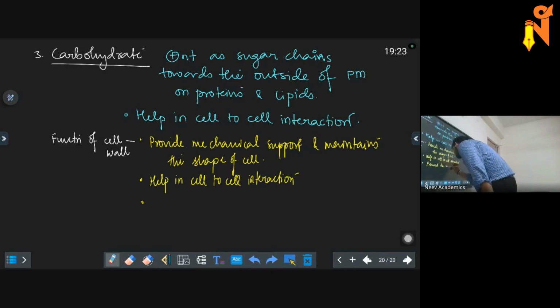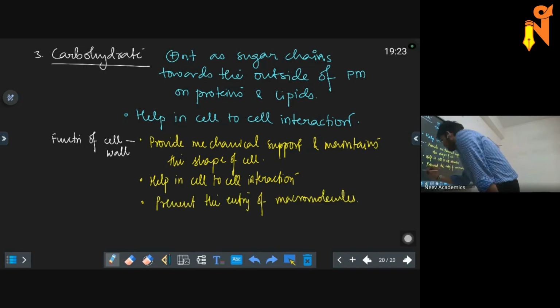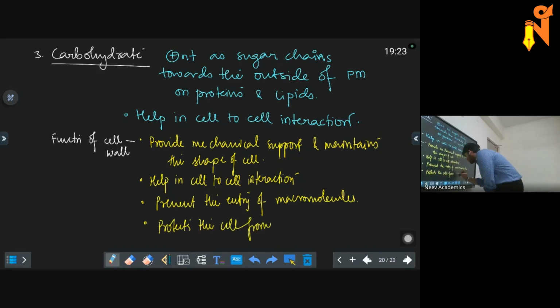Prevents the input of molecules. Next, the cell of infection.